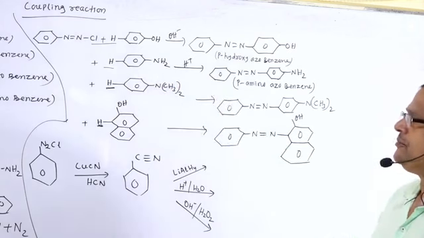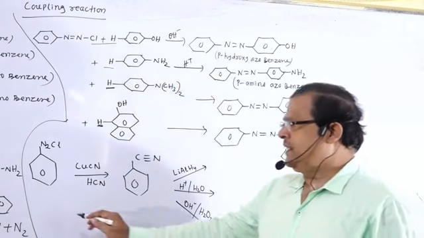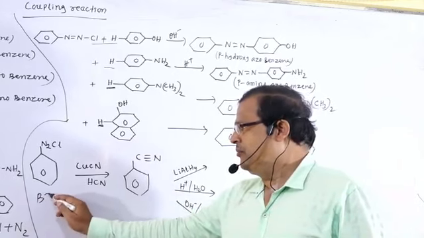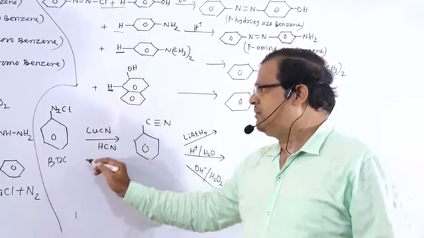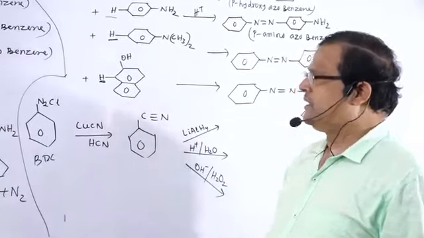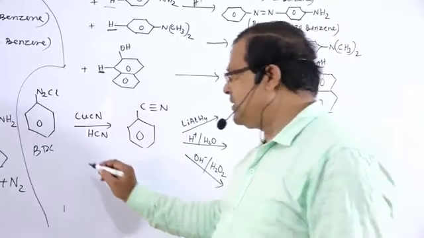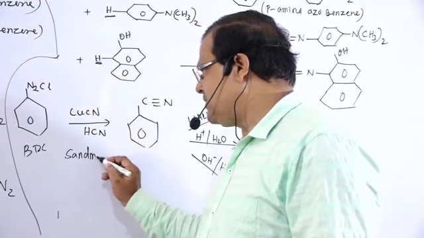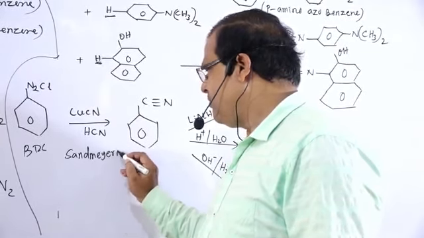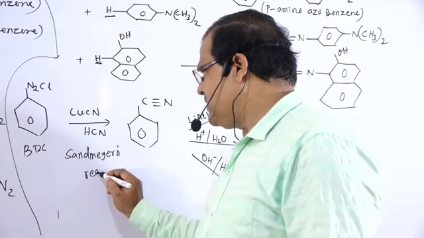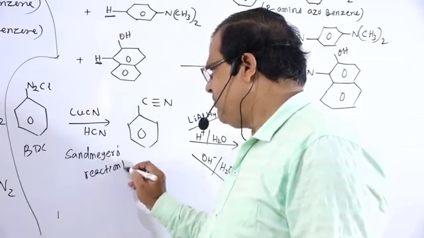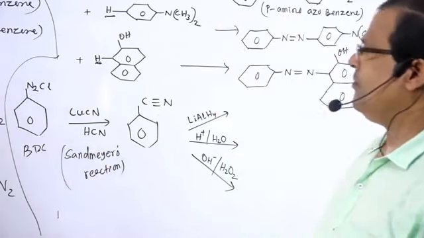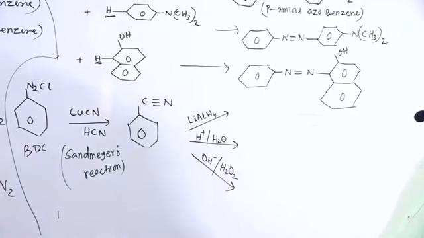So next one, BDC that has been treated with CuCN and KCN. This is also known as Sandmeyer's reaction.